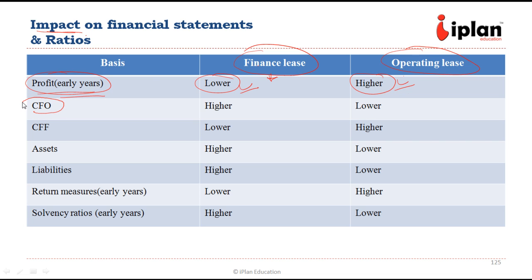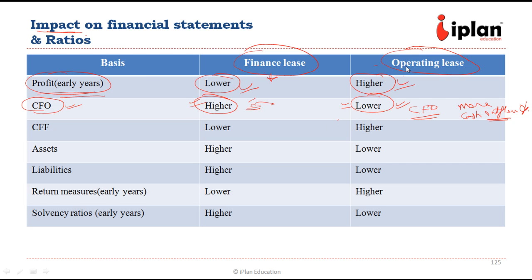Again, it is higher for finance lease, since only the interest component is the outflow. But in this case, the full lease payment is a cash flow from operating activities. It is more cash outflow from operating activities in the case of operating lease. That is why total cash flow from operating activities will be higher for finance lease and lower for operating lease.